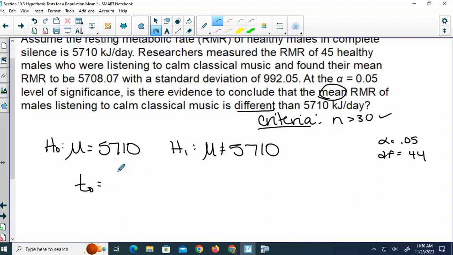This is our x bar, the mean of our sample. So it's x bar minus mu, that's the null hypothesis mean, divided by S, which was divided by the square root of n, which is 45.